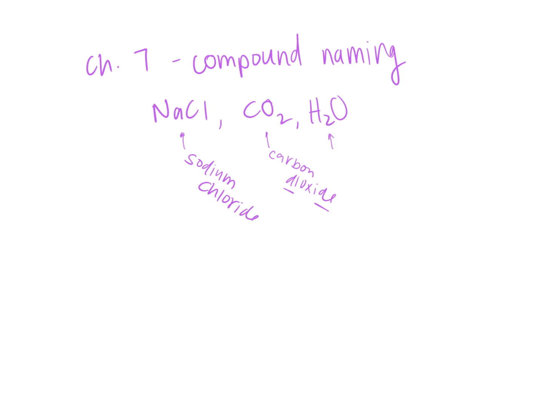And so we're going to figure out how we come up with the formal name for all of these different compounds. There are three different categories of naming that we're going to cover in this chapter, but we're going to start with something called ionic formulas, or ionic naming.